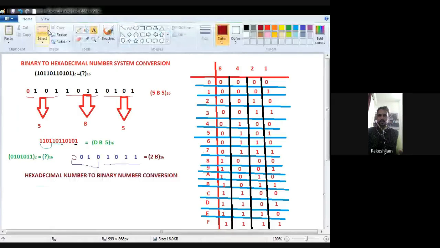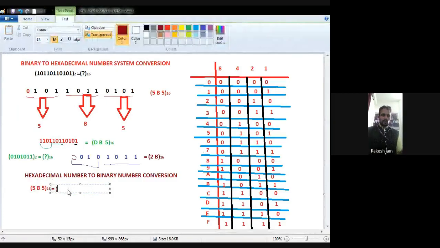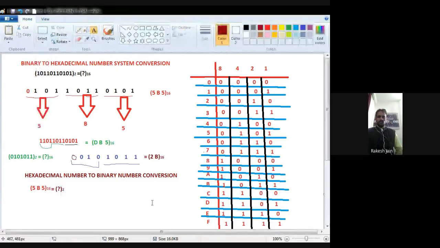Let's suppose we have a hexadecimal number, and we take the same example so you can also recheck the results. Let's suppose we have the hexadecimal number 5B5. Your question is to convert this number into a number whose base is 2.